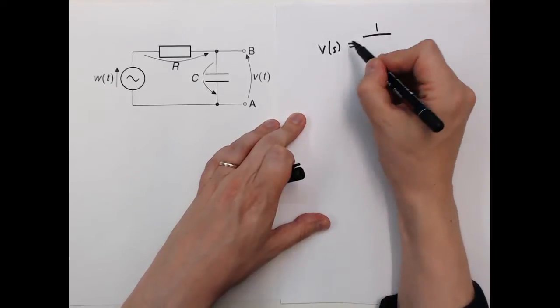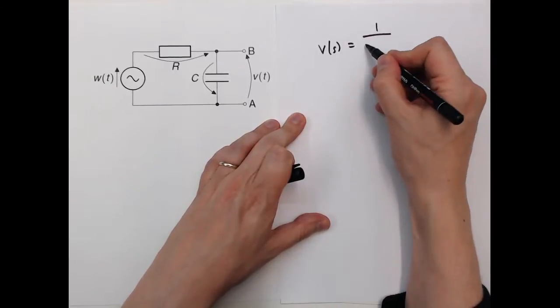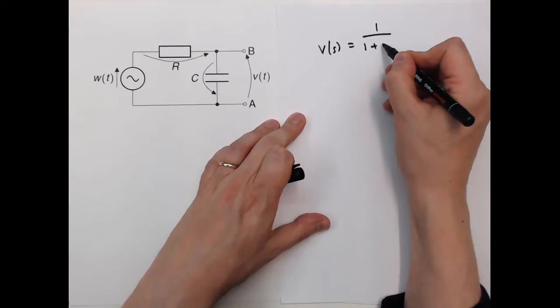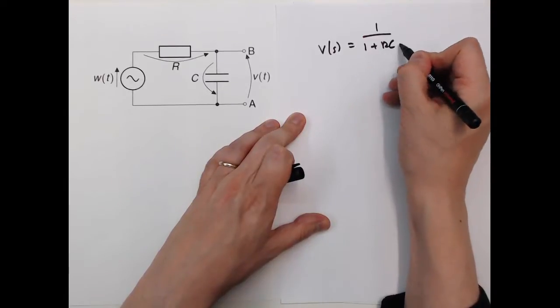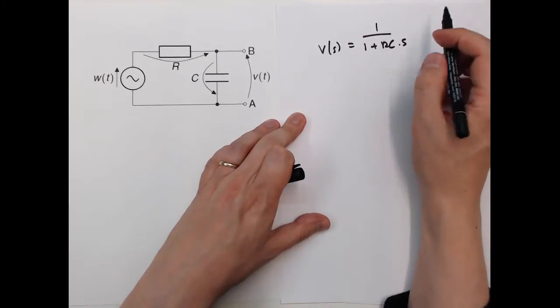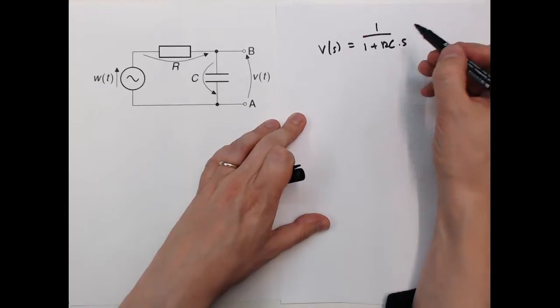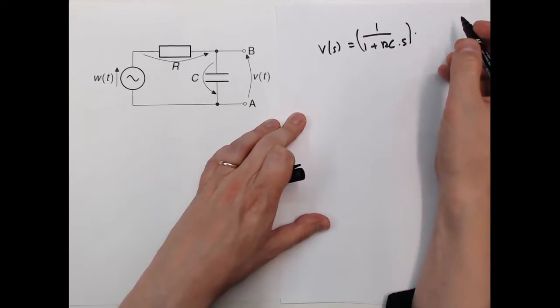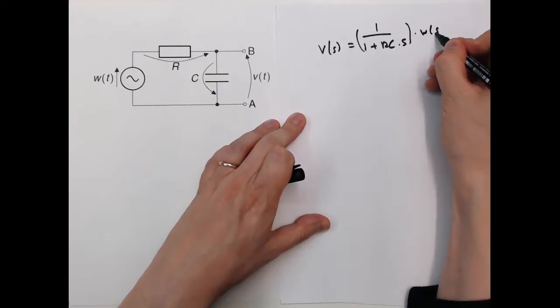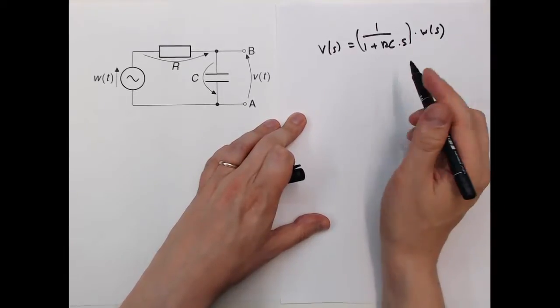The output in Laplace domain is equal to the transfer function, which is 1 over 1 plus RCs, multiplied by the Laplace transform of the input.